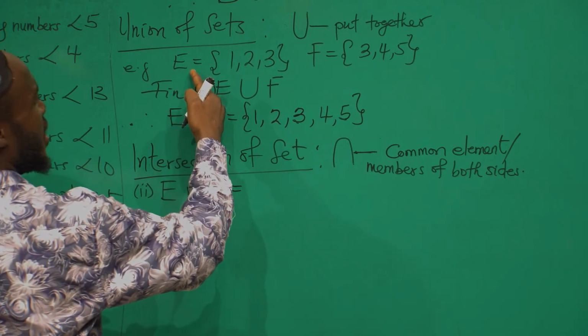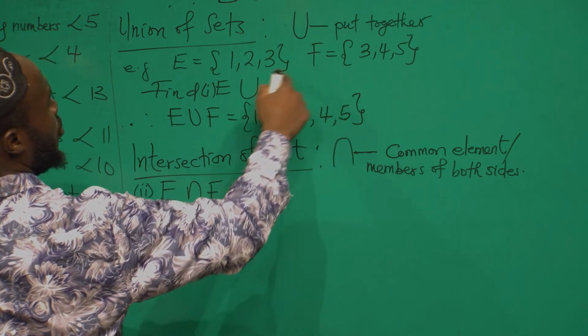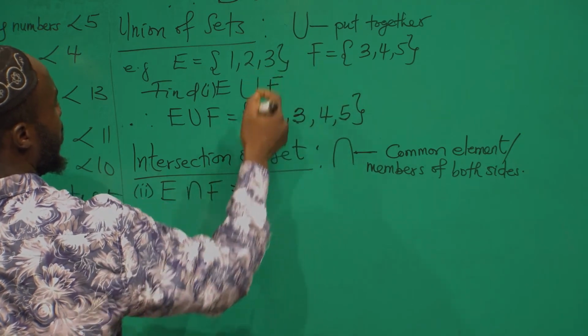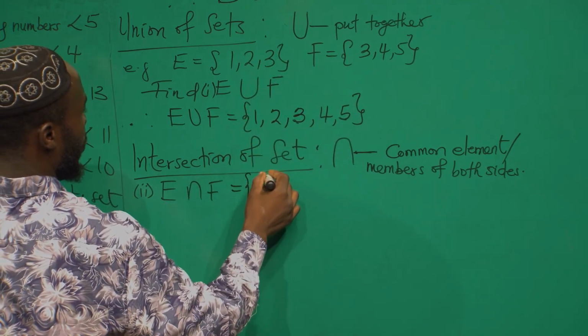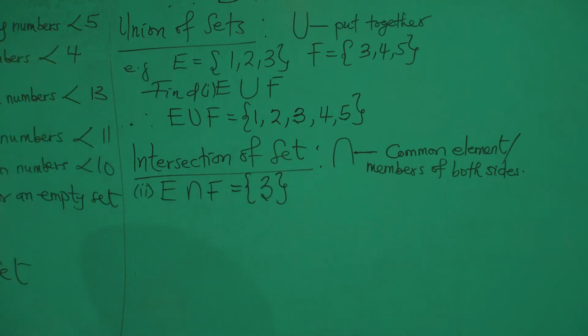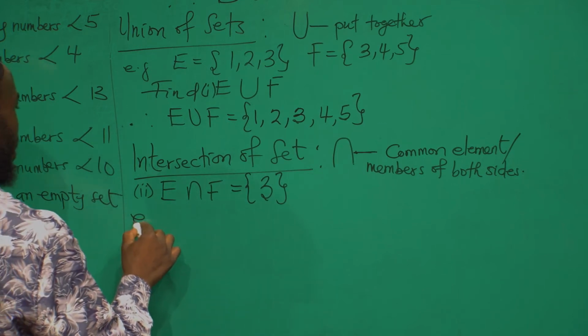Looking at E and F, we could see that 3 belongs to what? Both sets. So this means that 3 is the answer.